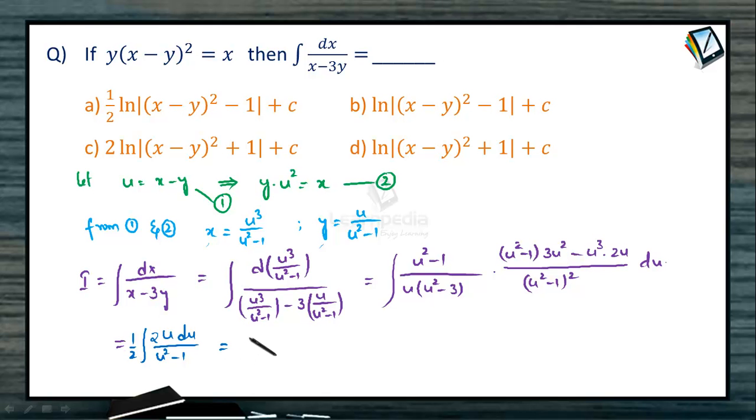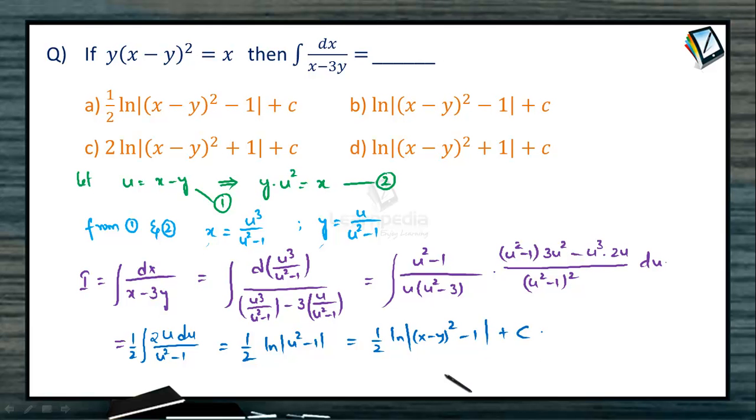Then this is half times the integral of 2u du by (u square minus 1). Yes, it is ln of the denominator, u square minus 1, but u is a function of x and y. So as we wanted the final answer in terms of x and y, let's replace u with x minus y. This is half times ln of (x minus y) whole square minus 1, plus c.